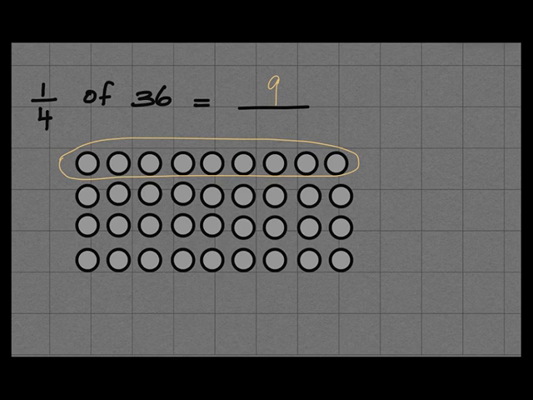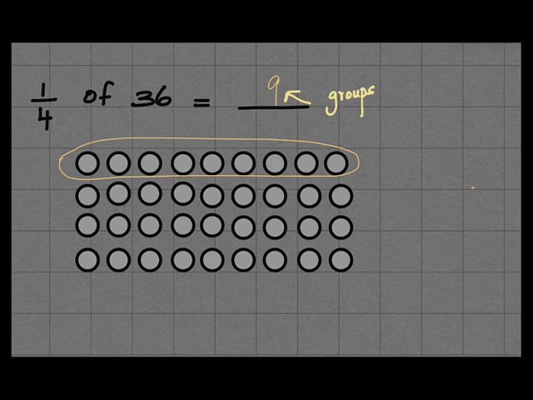This shows an array for 36 divided into fourths. We know that there are 9 groups in each row. So 9 is the group.